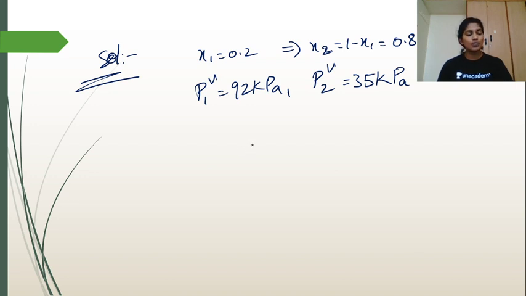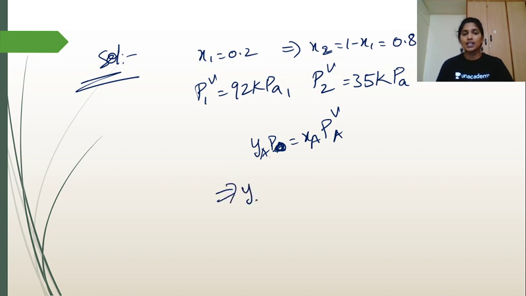And what is Raoult's law? Here we shouldn't use modified Raoult's law because they have mentioned that we should use Raoult's law. So what does Raoult's law define? YA into P is equal to XA into PA saturated or vapor pressure, right?